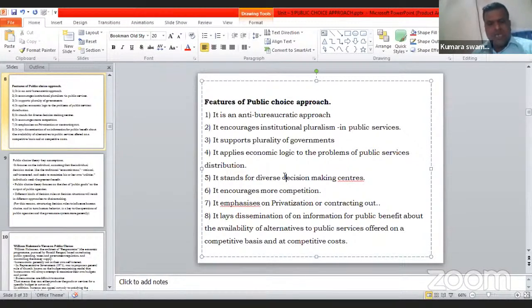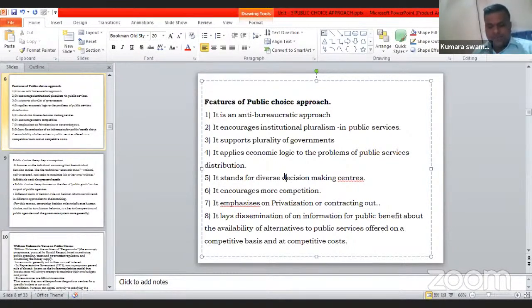It supports the plurality of governments, meaning the public agencies need to work for consumer preference, the plurality of organizations. Now, after the LPG era, we have seen plurality in governments. The government is providing different services along with different organizations, meaning there are multiple organizations and institutions which work along with the government.